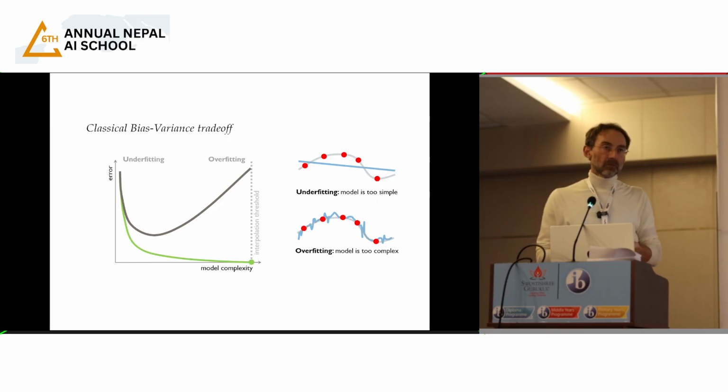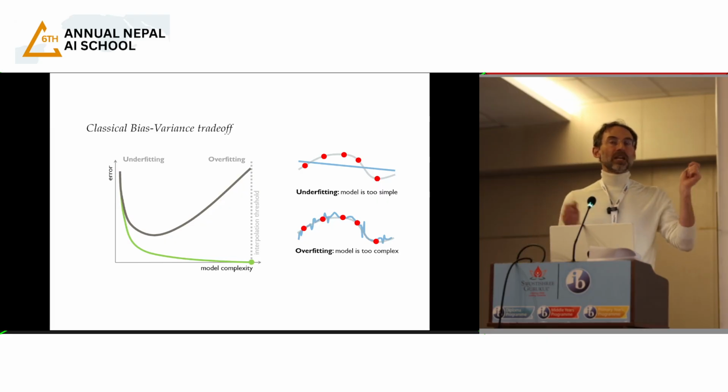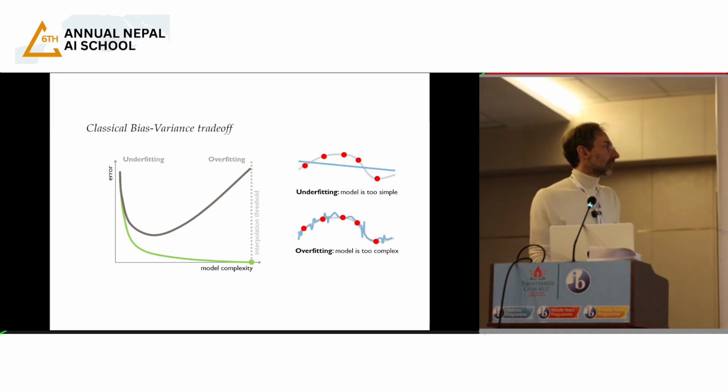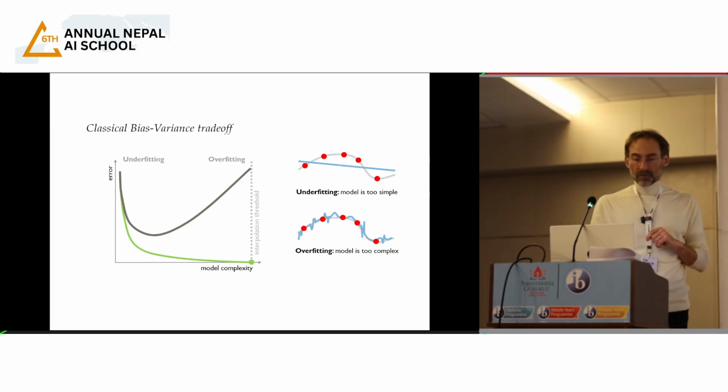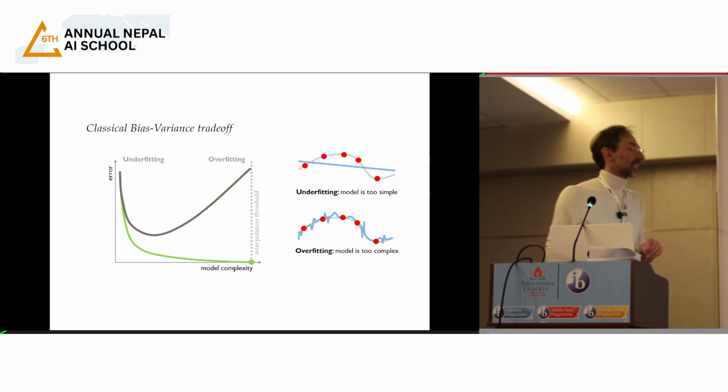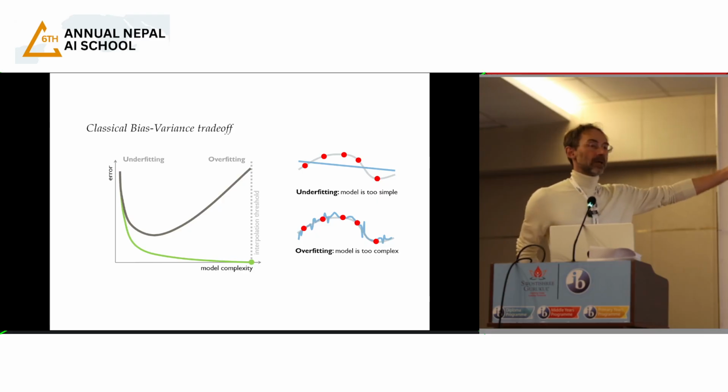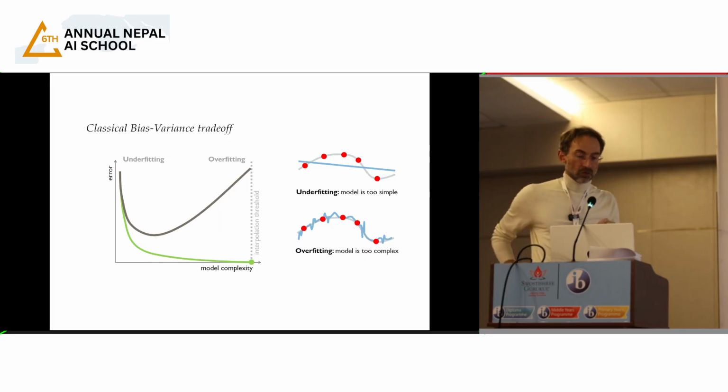The model has too many degrees of freedom, so I get some crazy excesses like here. This is the classical picture, often called a variance-bias trade-off. Typically you are told: don't be too simple, you will underfit; don't be too complex, you will overfit. Somehow you need to be between the two, and that would be the right choice of the model.